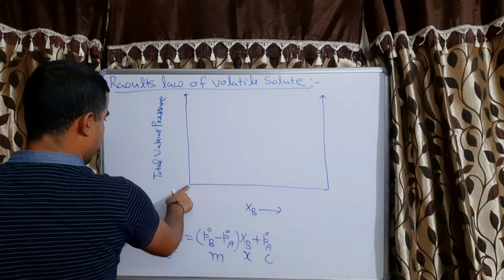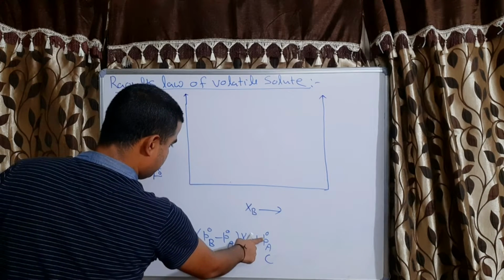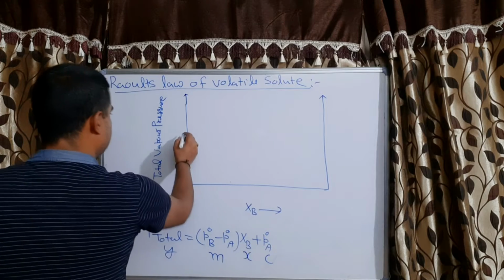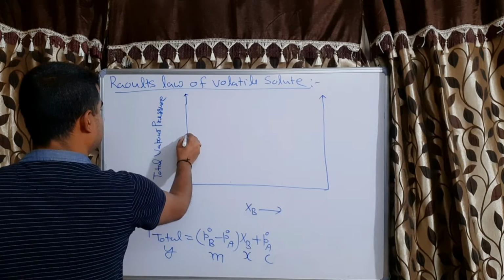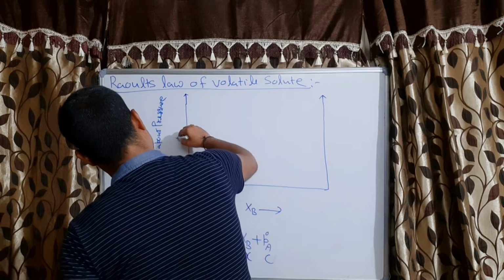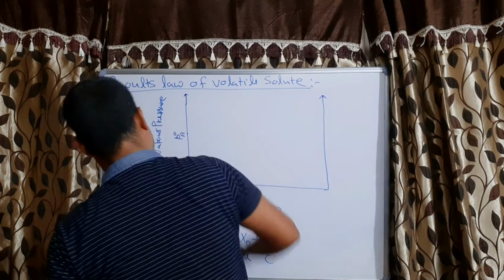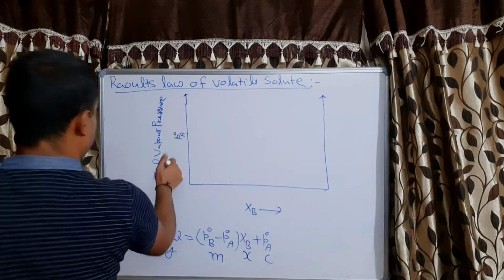So at the initial point, the value of the total vapor pressure will be P naught A. So let us take this as P naught A. Correct?